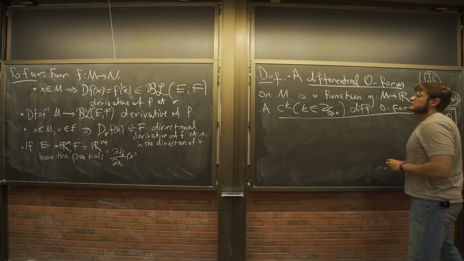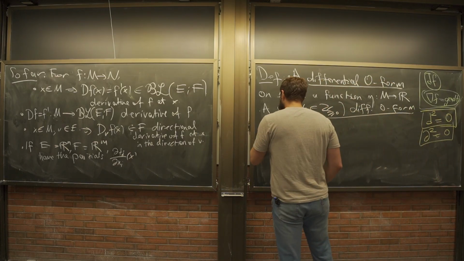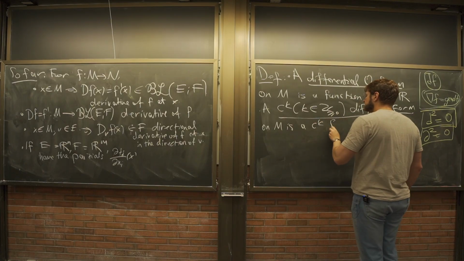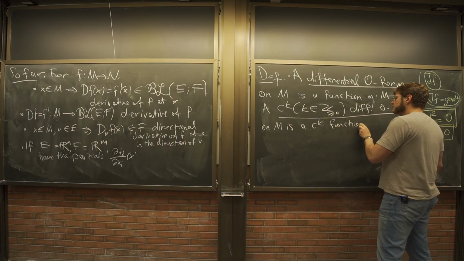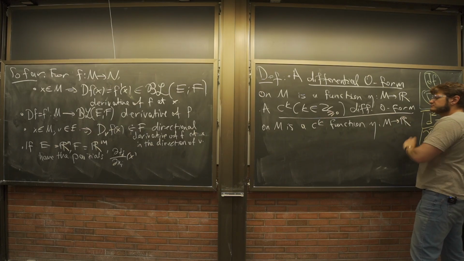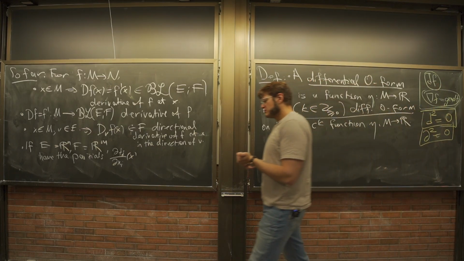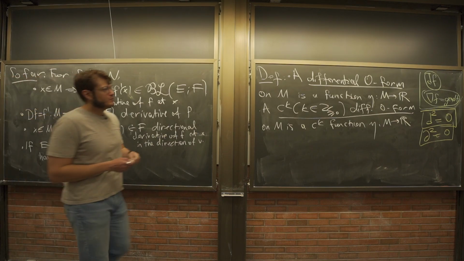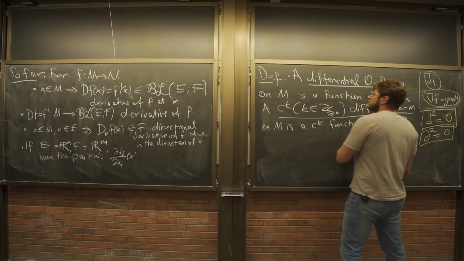On M it is a C^k function, eta, taking real values. And I'm going to denote by C^k form 0 of M the space, or the set, of all C^k differential zero forms.